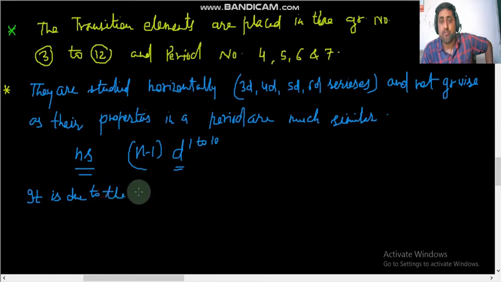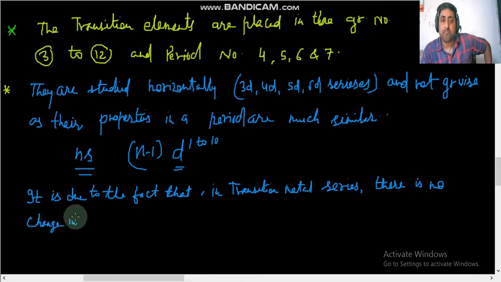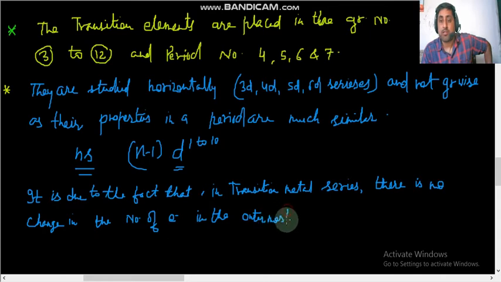that in transition metal series or transition element series there is no change in the number of electrons in the outermost, or you can say ultimate, shell.